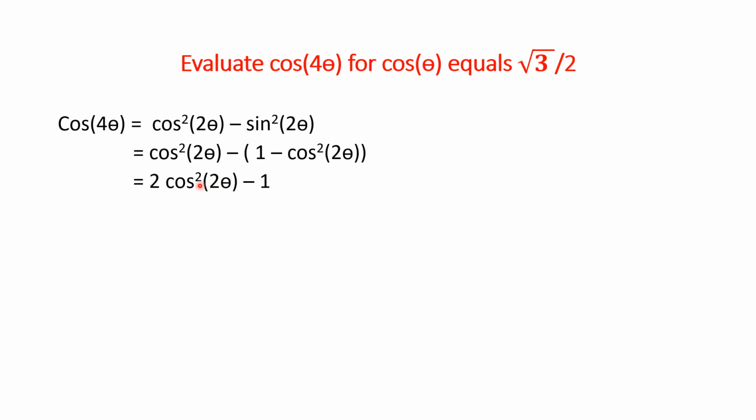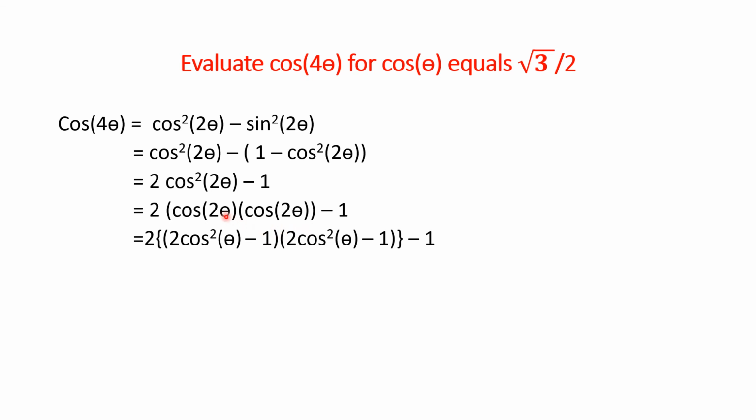Now we have cosine squared of 2 theta. We can also rewrite this as 2 terms: 2 cosine of 2 theta multiplied by cosine of 2 theta, minus 1. Now we will use the halving of the angle.